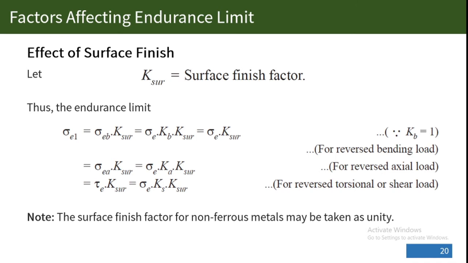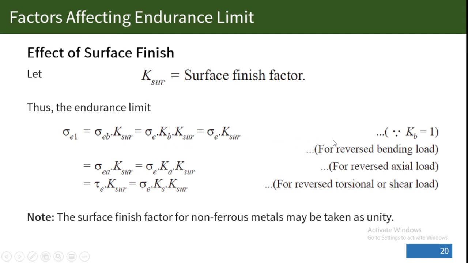Since, as we discussed for the previous factor, this sigma sub EB is equal to the product of sigma E times the load correction factor for bending load. Therefore, the endurance limit sigma sub E1 is equal to sigma sub E times K sub B times K sub SUR.